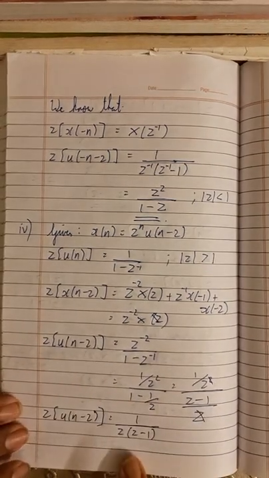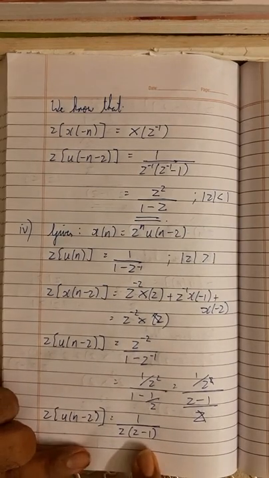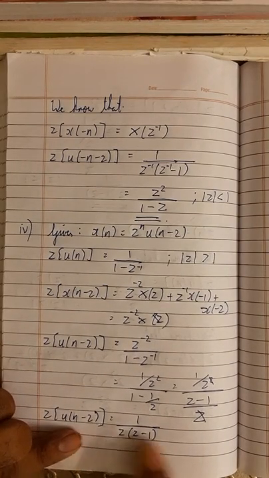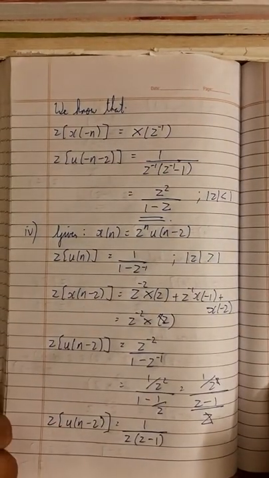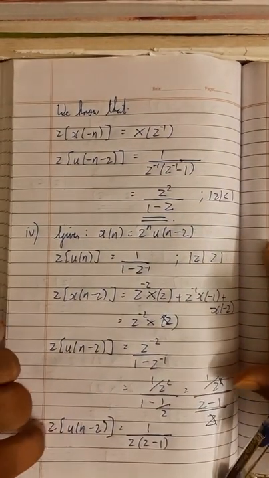Now I'm going to find the Z transform of 2 raised to n u of n minus 2. For that, which property are we going to apply? The time scaling property, right?